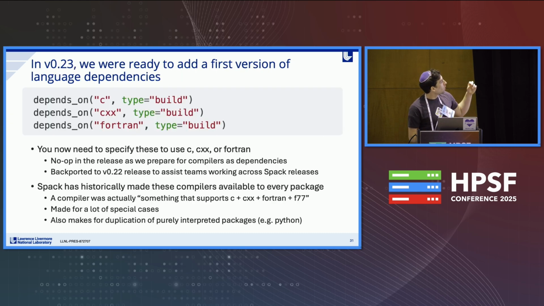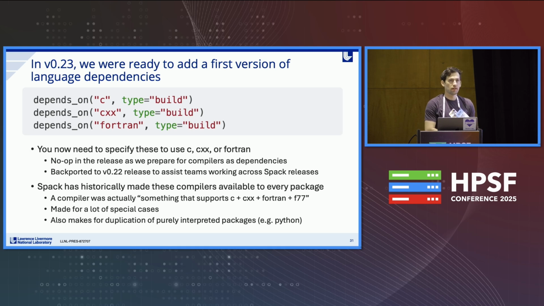So with all of that, starting after ISC last year, when we released 0.22, we were finally ready to start working on our project from 2018. And so in the latest release of Spack, we added language dependencies. So packages expose which languages they depend on. Do I depend on C, CXX, Fortran?